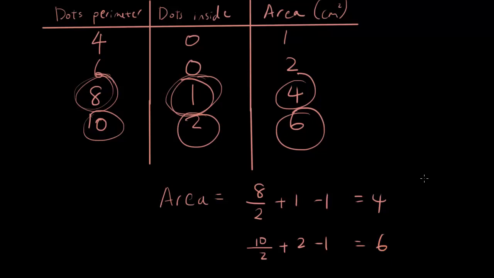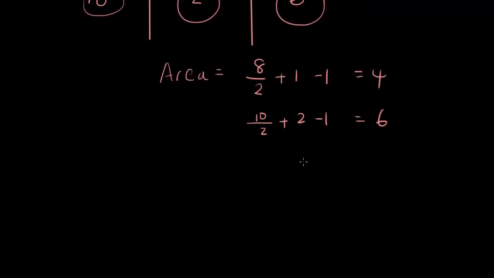So what is the formula for finding the area? The formula is always area equals b divided by 2 plus i minus 1.